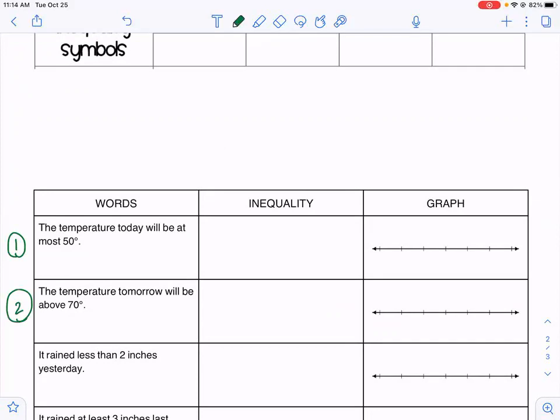So how about you and your elbow partner? Please do not graph it. I only would like you to write it down. You and your elbow partner decide, and we'll do T for temperature. Write inequality for 1, write inequality for 2.